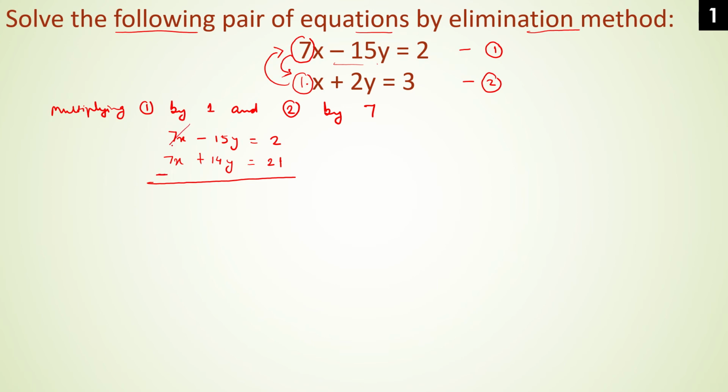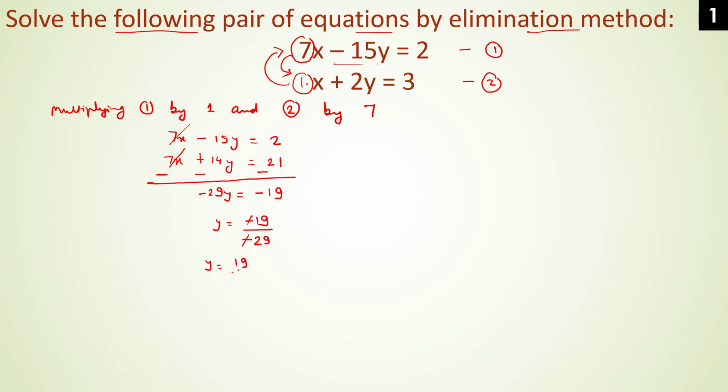So this x will be eliminated from the given equations. So we have subtracted the obtained equations from one another. So we get minus 29y equals minus 19, and we get y equals minus 19 by minus 29.